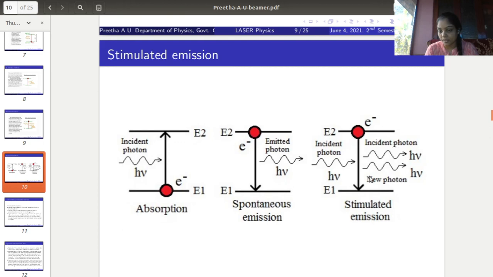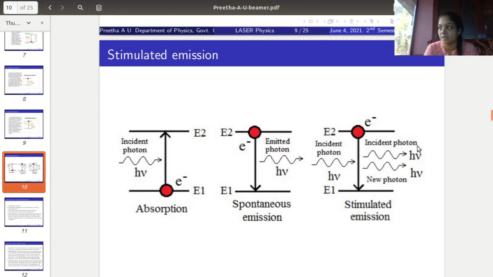So for some time population inversion can be achieved between the ground state and the metastable state, and at that stage we trigger the stimulated emission process, and that's how we produce amplified light at the output.